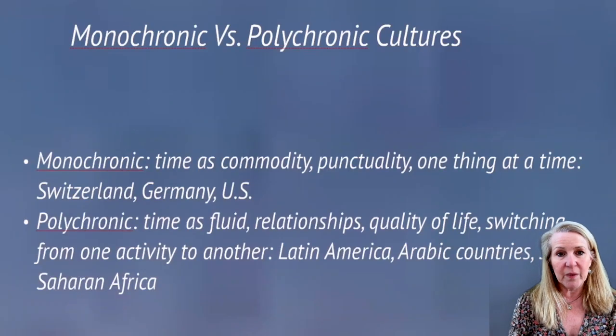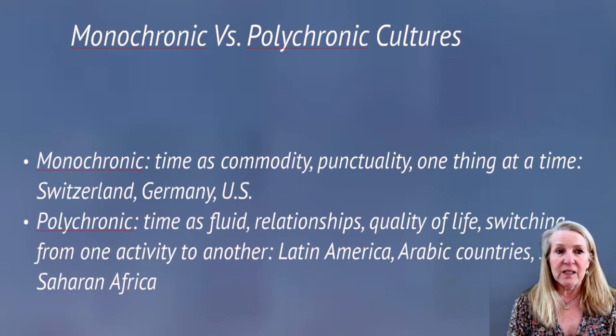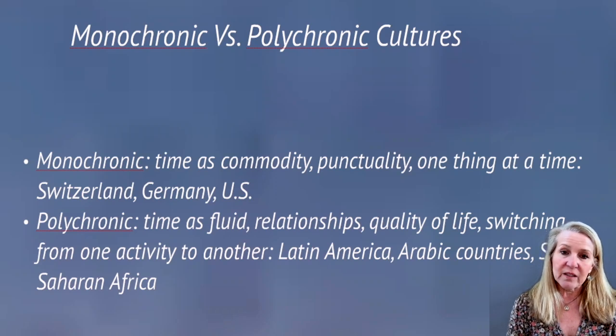So to look at monochronic versus polychronic cultures, chronos means time, and mono would mean one. So monochronic would see time as a commodity, and they would see this as doing one thing at a time. And that would be a culture that's very punctual, and they would value punctuality.